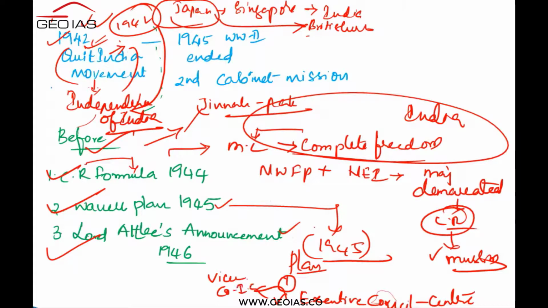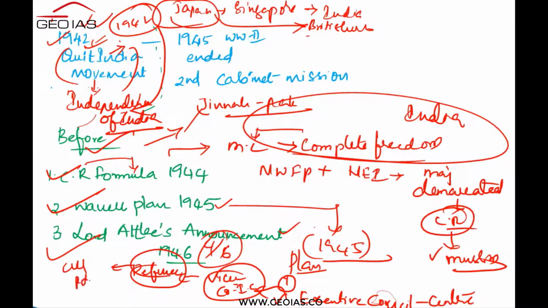So out of 6, 4 would be Indians; they increased it by one person. All portfolios except defense would be given to Indians, and India should be given dominion status. This Wavell plan was also rejected by the Indians, both by the INC and by the Muslim League.